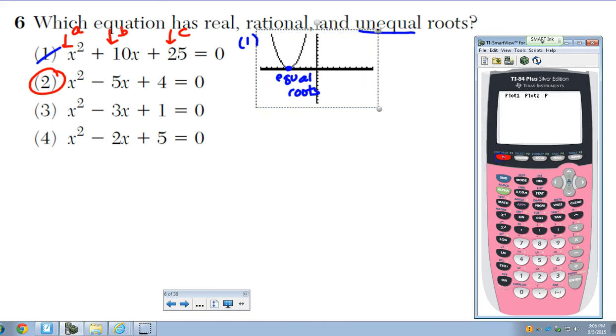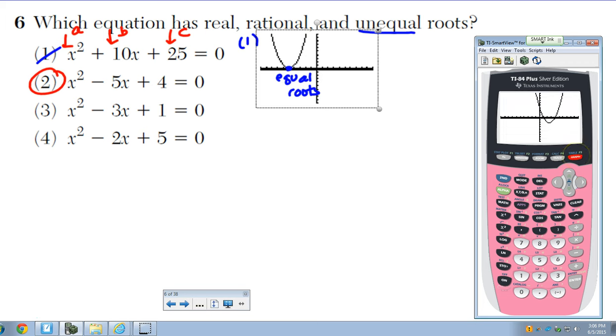Choice 2, putting that in. It looks like it's hitting at 1 and 4. If you're not certain, you can go to your table and make sure it is in fact hitting 1. 1 is 0, and so is 4.